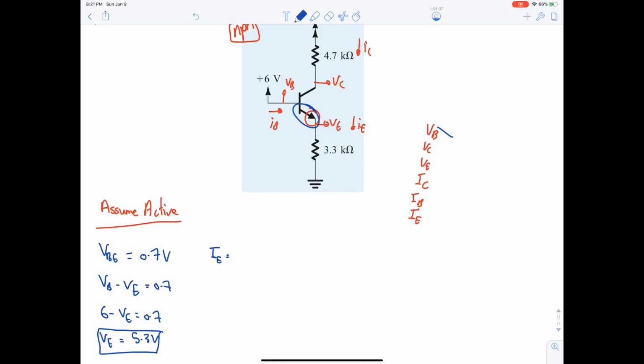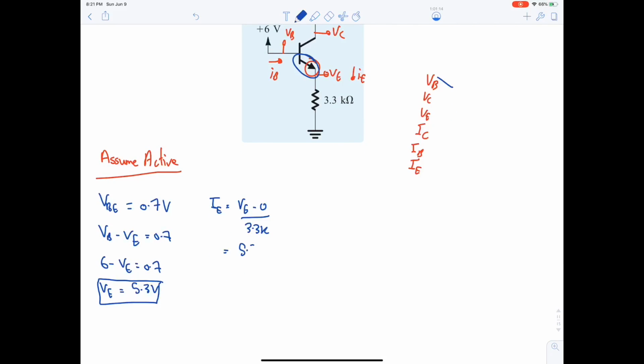After finding VE, let's find IE. IE is equal to VE minus 0 over 3.3K. VE is 5.3 divided by 3.3K, which is equal to 1. Sorry, it's not 1. It's obviously it's not 1. It's 1.61 milli. Okay, 1.61 milliampere.